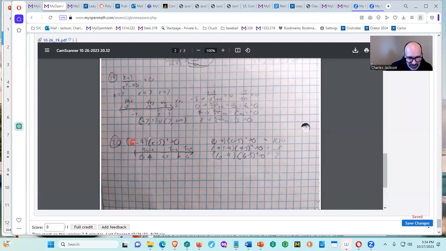So 6, and is it true that 6 minus 4, square of 6 minus 5, is that greater than 0? Question mark. Well, it is greater than 0. It is a yes there. You put it true there.